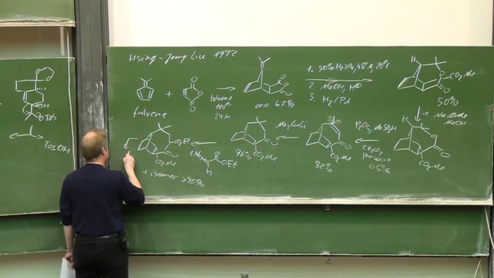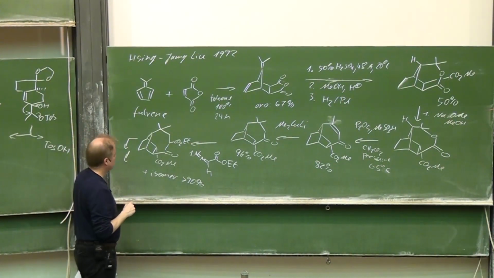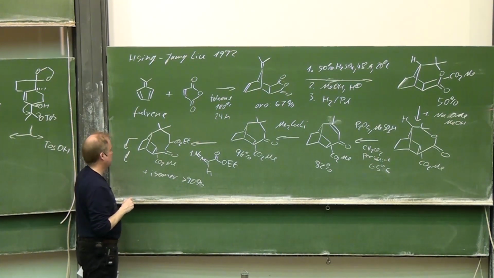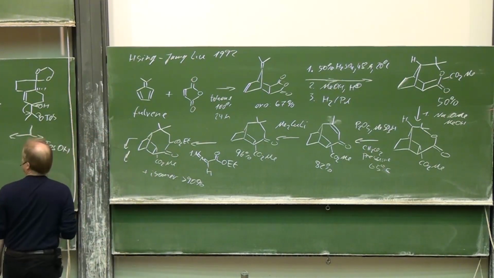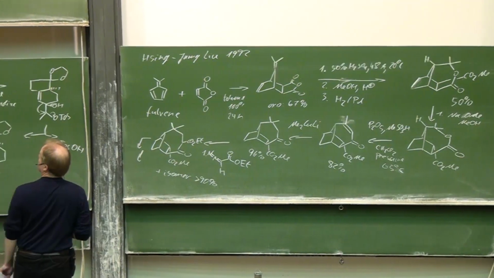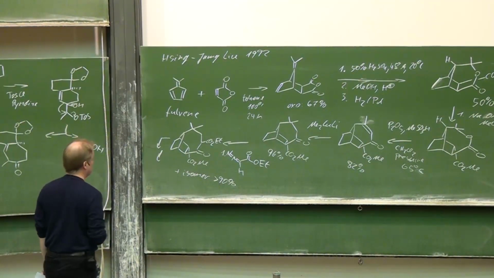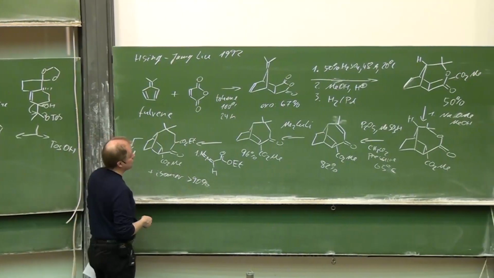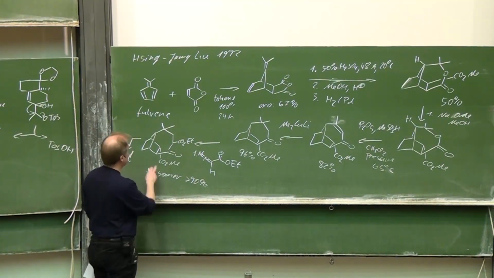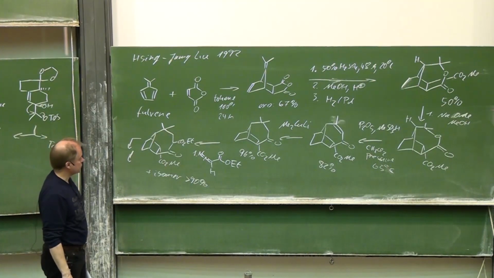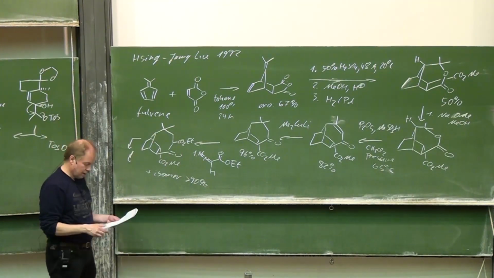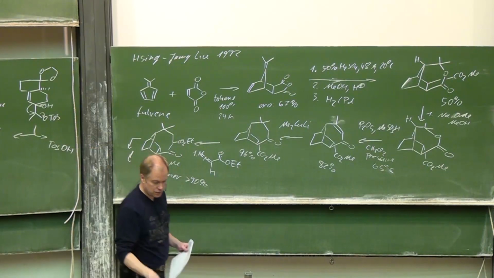So, a couple of more steps are necessary, of course, but in principle, you have already set up the Longifolene structure, while you need an additional methyl group there, of course.